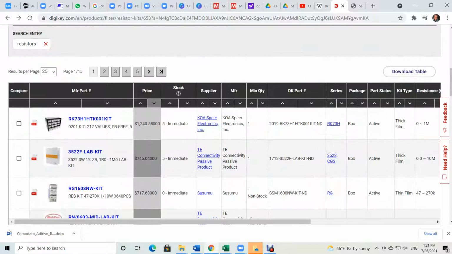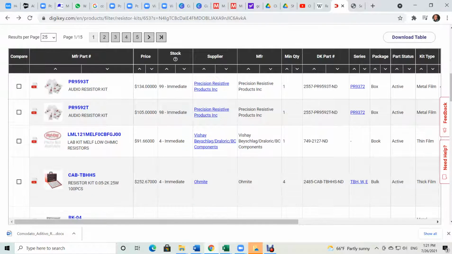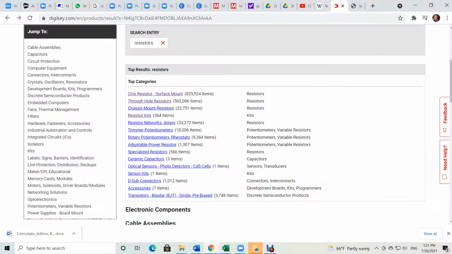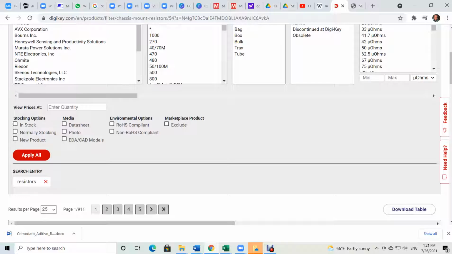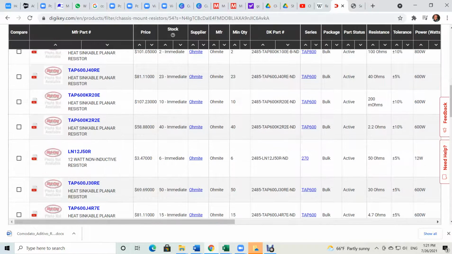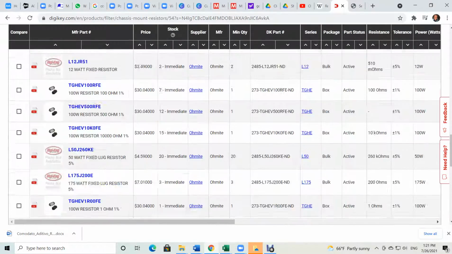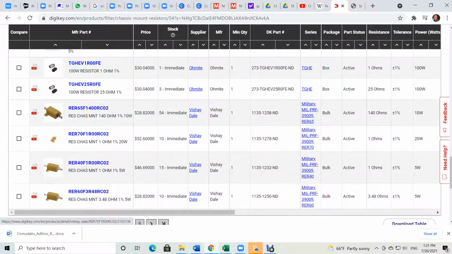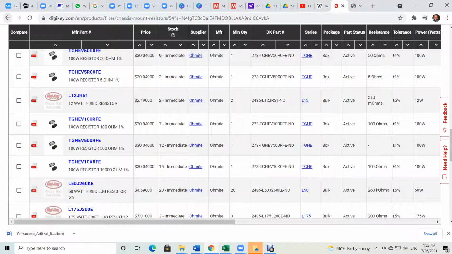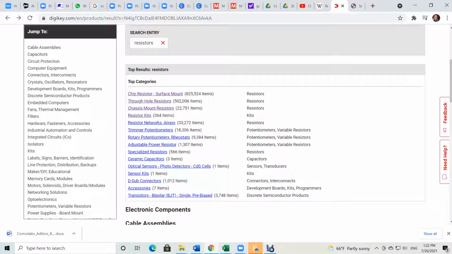Let's get into the lab, right? Let me see if I can find chassis. Maybe it's this one here. Yeah, they don't have the figures. No, that's not this one. If I cannot find it, just go resistor, trimmer, potentiometer, transistor, accessories, sensor kit, ceramic capacitor.